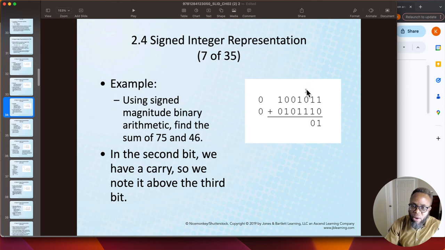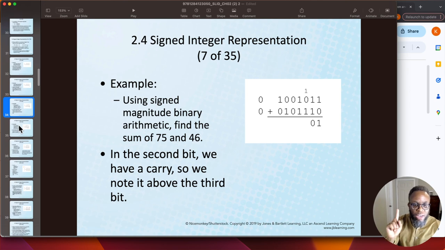Again, 1 plus 1 is 0, and you carry the 1. And you keep carrying until you get to the most significant bit, and then you may have to carry over that 1. That becomes a carry.